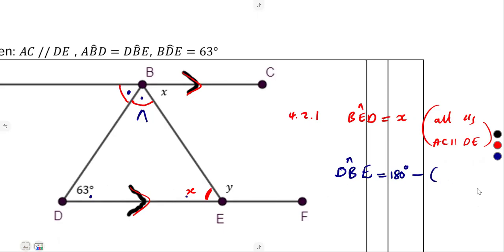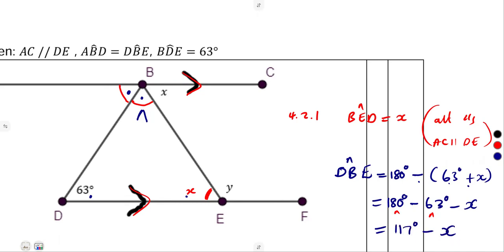So we have 180 minus, in brackets, 63 plus x. Expand: minus times 63 is minus 63, minus times positive x is minus x. Collect your like terms: 180 minus 63 gives us 117 degrees minus x.